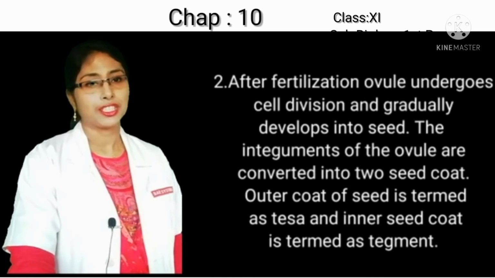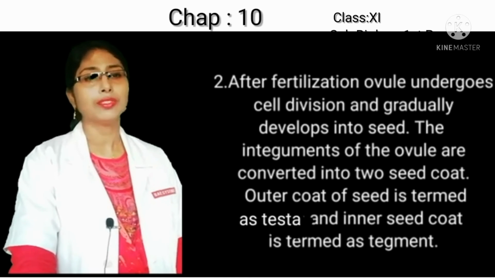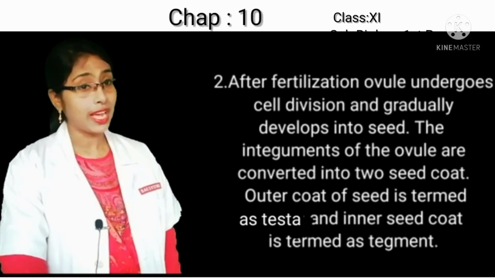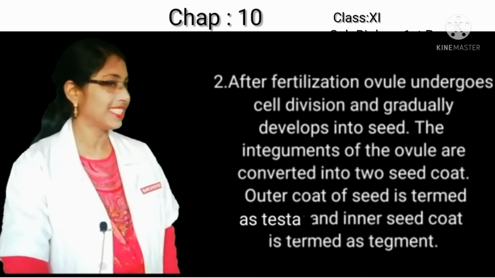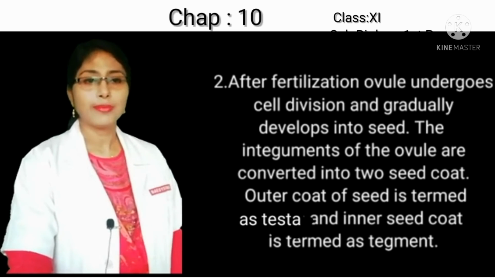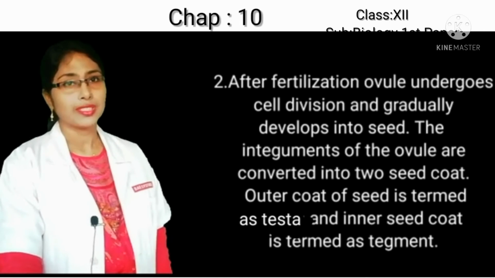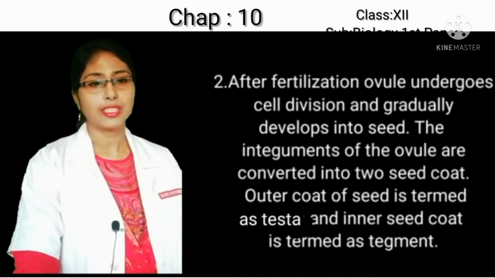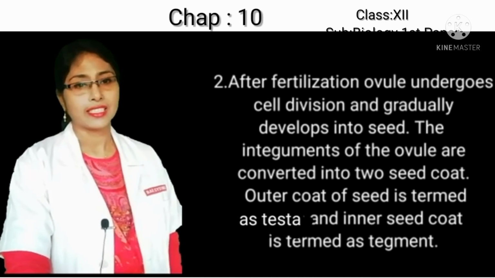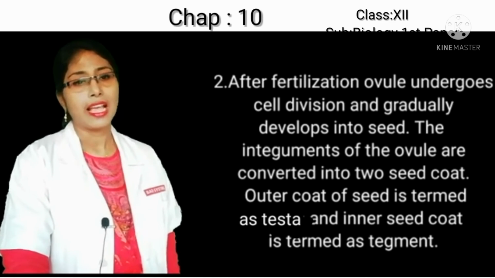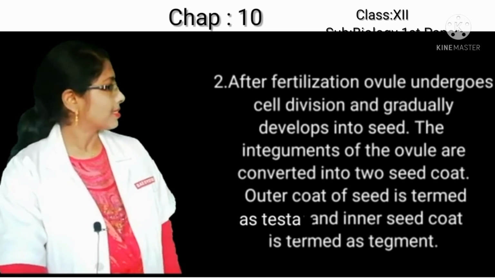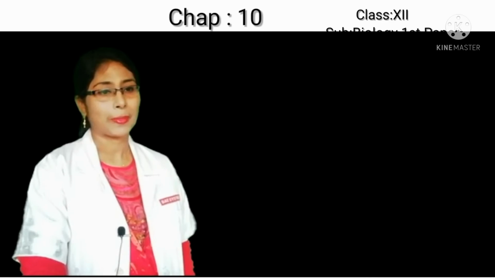After fertilization, ovule undergoes cell division and gradually develops into seed. The integuments of the ovule are converted into 2 seed coats, outer coat of seed is termed as testa and inner seed coat is termed as tegmen.